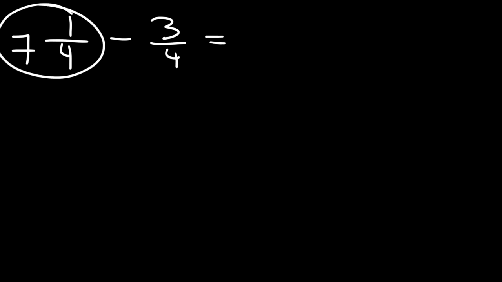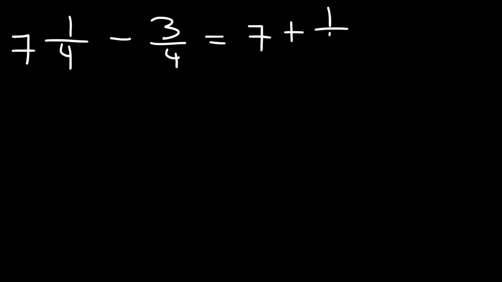Now let's go ahead and work on a similar example. 7 and 1/4 minus 3/4. Go ahead and try that. So let's begin by expanding the mixed number. So we're going to write that as 7 plus 1/4.